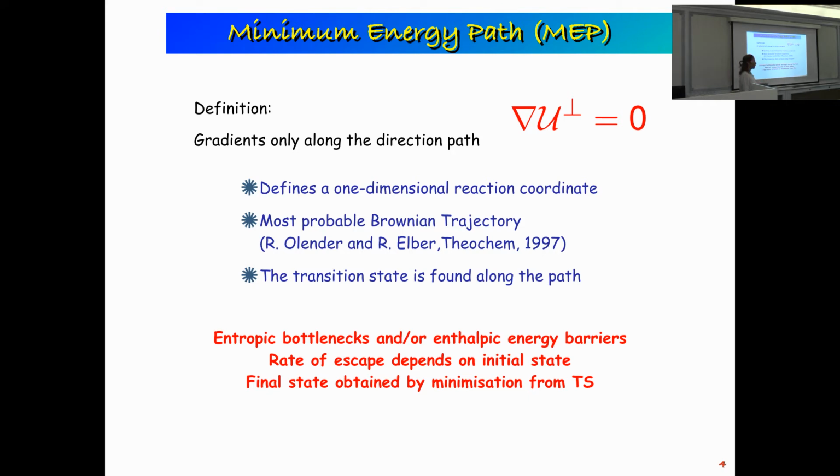Though the definition of the minimum energy pathway is clear: it is the pathway along which the gradient of the energy perpendicular to the pathway is 0. So along the pathway it is not 0, but in the perpendicular dimensions, so in the 3n minus 1 dimensions, this gradient of the potential energy is 0.